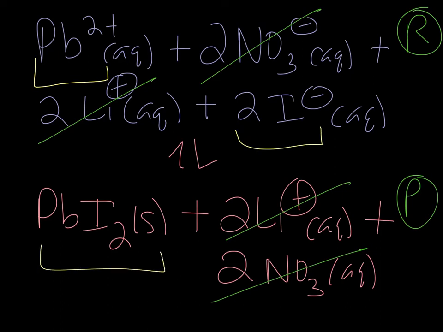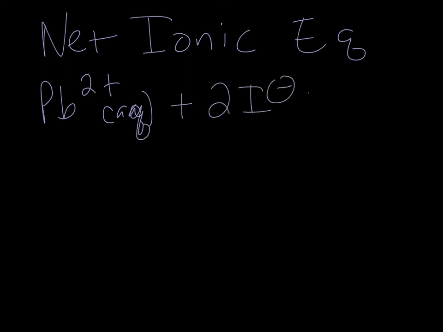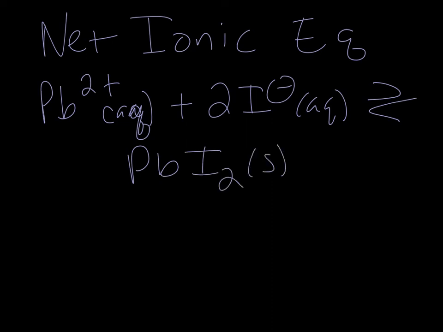On the next page we're going to write that net ionic equation. My net ionic equation for the reaction, what's really happening is lead 2 plus aqueous plus 2 iodide aqueous goes to make lead iodide solid.